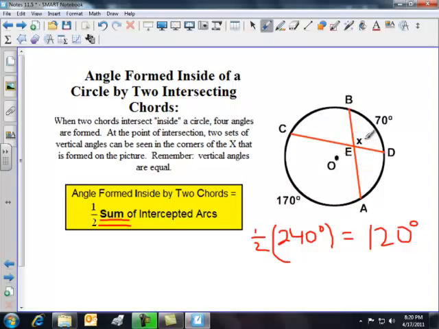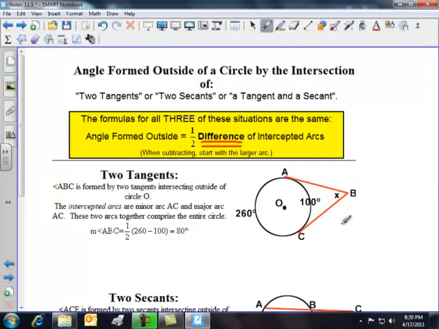So when the angles are inside, you're adding these two arcs and taking half of that sum. When the angle is on the outside, you're subtracting these two arcs. This is all written out for you right here. If I'm going too fast, you may want to just pause this. To find the measure of angle X, you would take 260 minus 100, which is right here, and then take half of that.